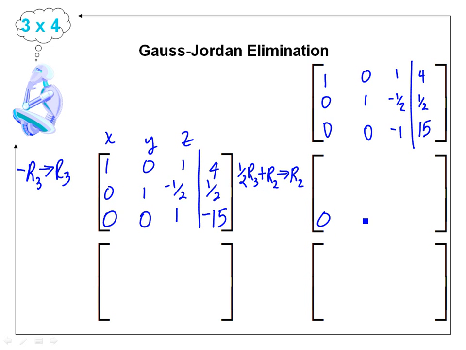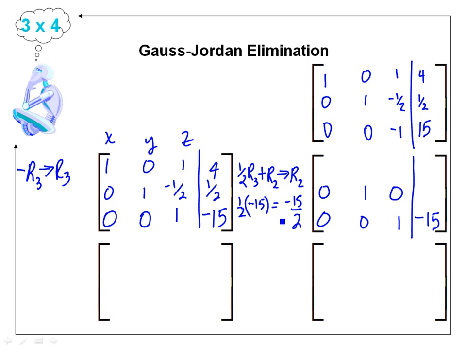So I'm going to go ahead and rewrite row 3 back over because it is completed. But for row 2, I'm going to multiply 1/2 times this and add it to this. So that'll be 0. 1/2 times 0 added to 1 will be 1. 1/2 times 1 added to negative 1/2 will be 0. 1/2 times negative 15 is negative 15 over 2.